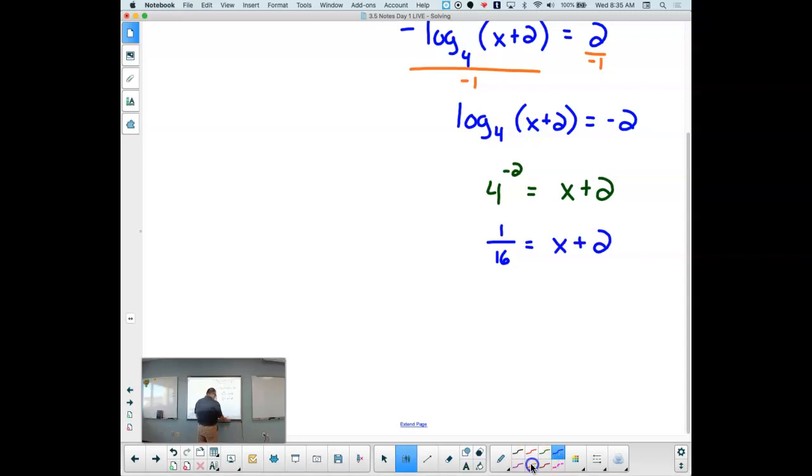And then when I subtract 2 from that side, I'm really going to subtract 32/16 from this side, and my answer in exact form would be negative 31/16.